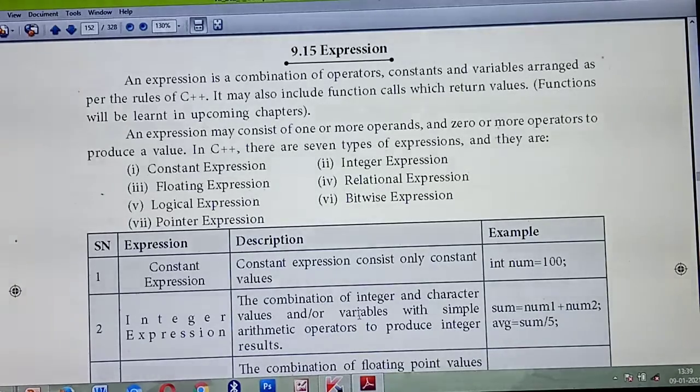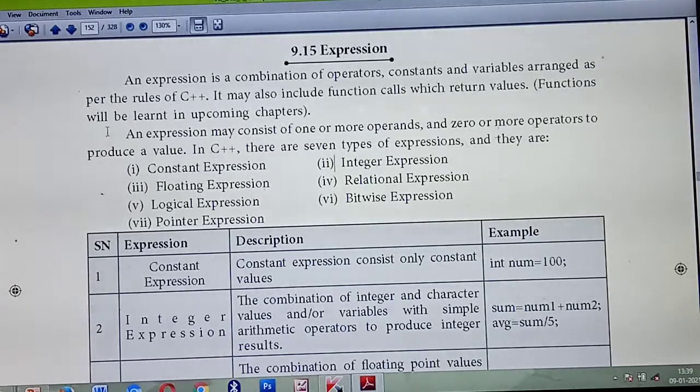So what do you mean by expression? Expression is a combination of operators, constants and variables, but arranged as per the rules. What does that mean? For example, x square plus y square equal to 5. What are the operators you are using? Plus and equal to. Two operators.